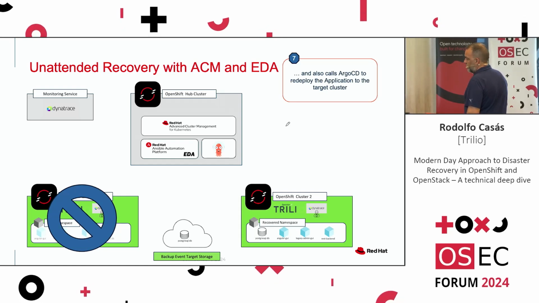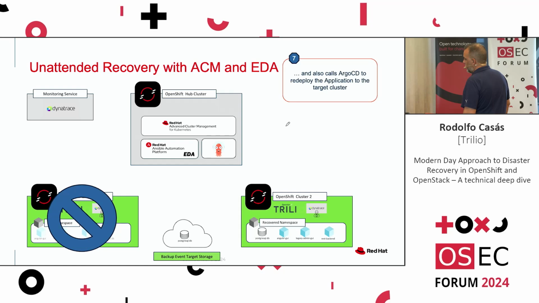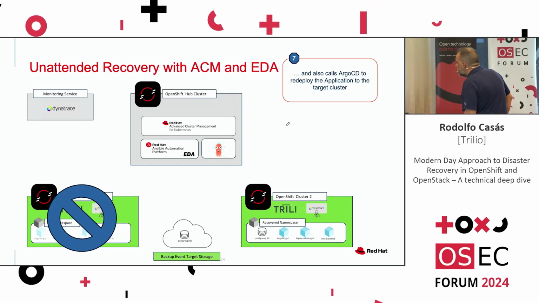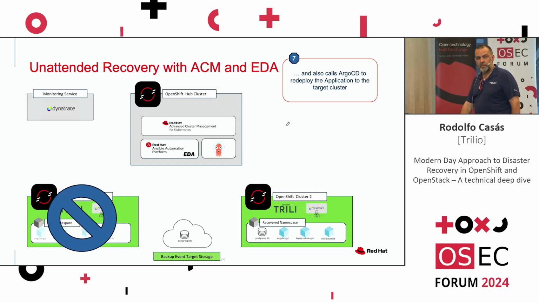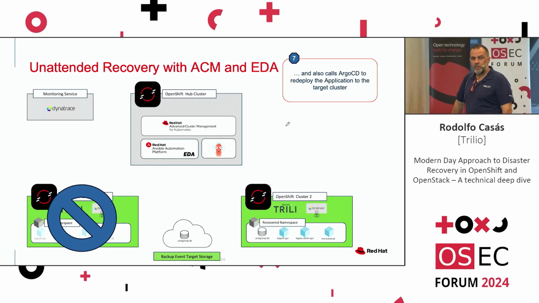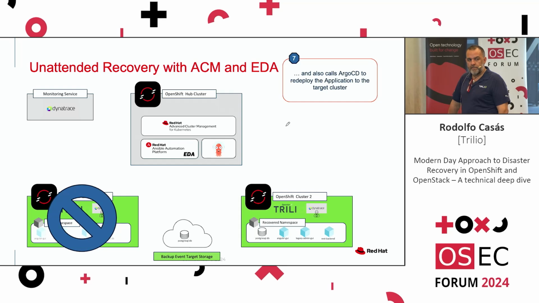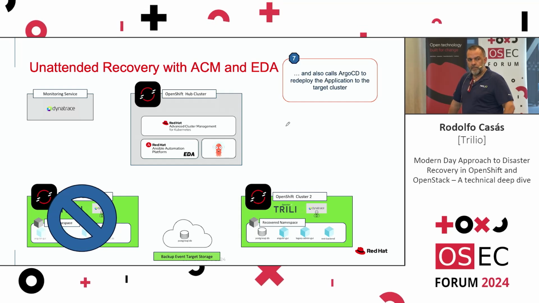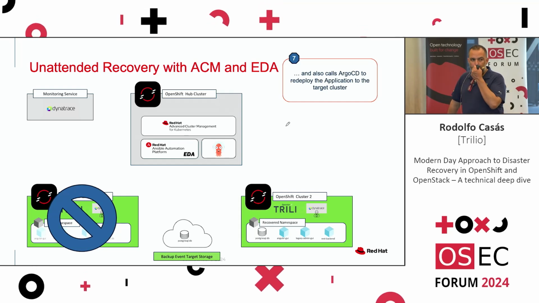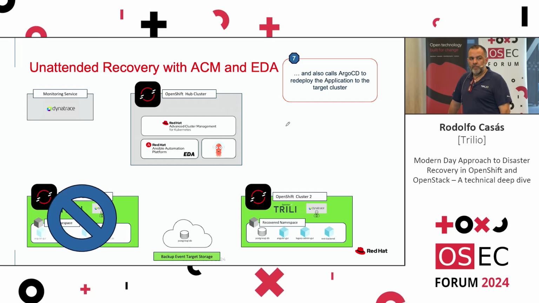For example, if in the first cluster you have a database, applications have capabilities to replicate data. For example, databases, you can replicate these databases to the second side. And the disaster will only cover, for example, switching the front end of the application.